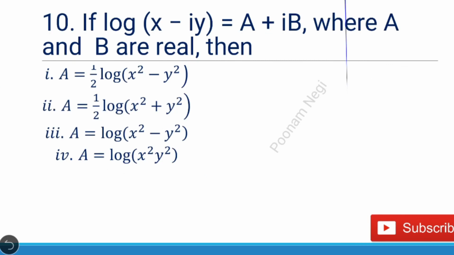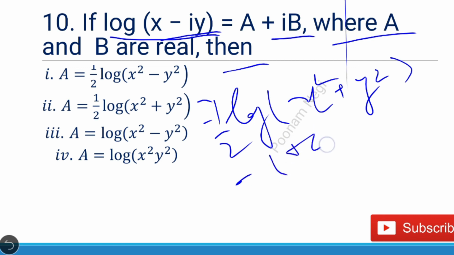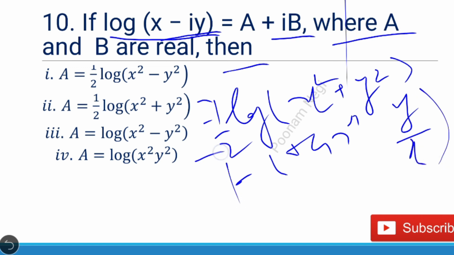Our last question is: if log(x − iy) is equal to a + ib, where a and b are real, then the value of a will be... As we know, if we expand log(x − iy), it will give us 1/2 log(x² + y²) − i tan⁻¹(y/x), and that means a will be this first part, 1/2 log(x² + y²), which is our option number 2.